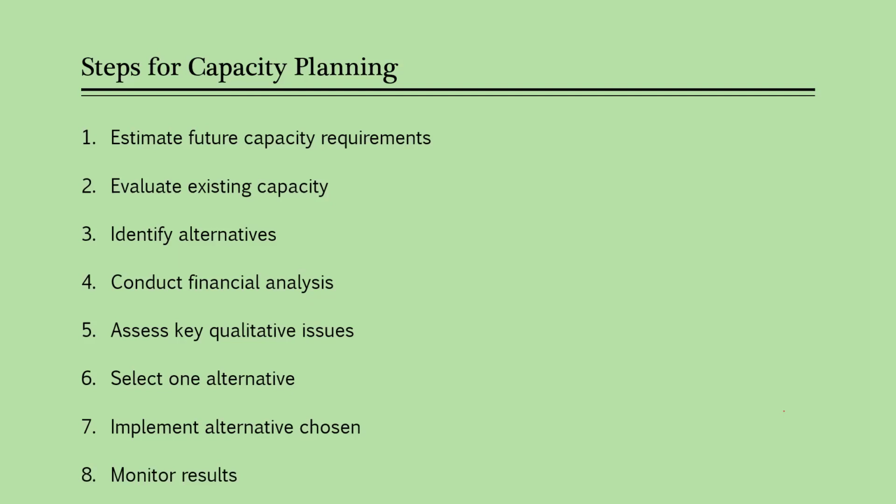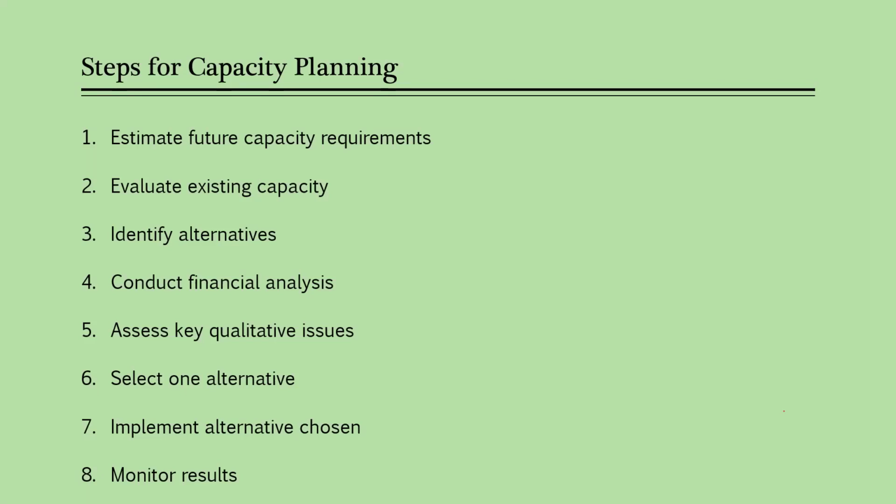So we are starting with the estimation of future capacity requirement. Then we are going to evaluate what we have right now. Then we are going to identify how to fill the gap based on different alternatives. Then we are going to do the ratio analysis, sensitivity analysis, and all the financial analysis for that.